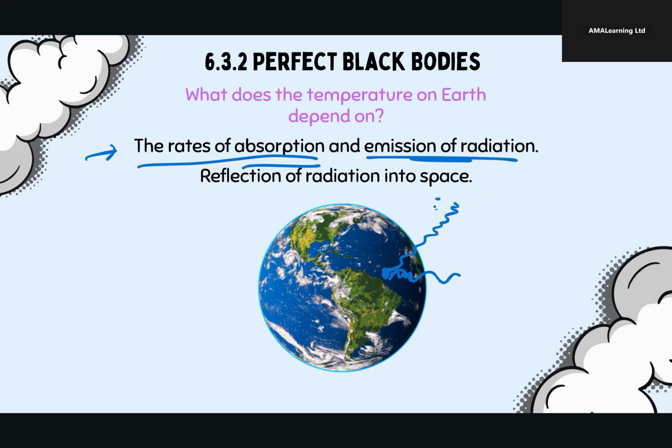And that longer wavelength is absorbed by carbon dioxide or methane, greenhouse gases, and then the greenhouse gas re-emits it in every single direction, with a lot of it being re-emitted back towards the Earth. And some energy will just hit the ozone layer and reflect back as well.